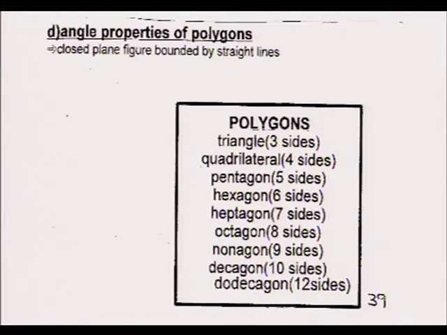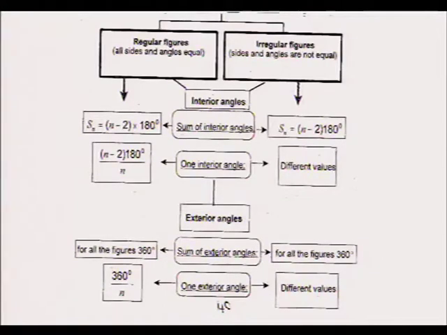Heptagon, 7. Octagon, 8. Nonagon, 9. Decagon, 10. Dodecagon, 12 sides. And you have to study this. There you see the regular figures and the irregular figures. The interior angles. The sum of the interior angles. And the exterior angles, the outside angles, how we find that.